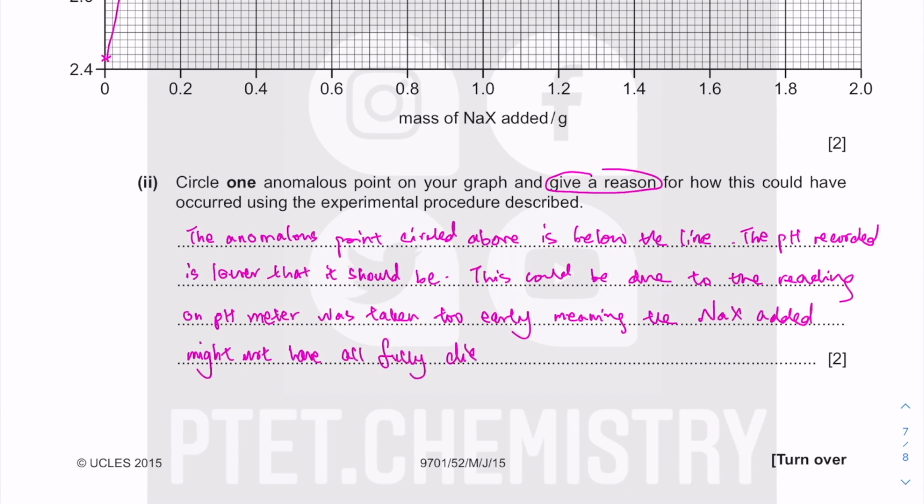If you don't have all the NaX fully dissolved, then your buffer is not completely formed yet. All right, it hasn't equilibrated yet, because not all the NaX has gone into solution yet.